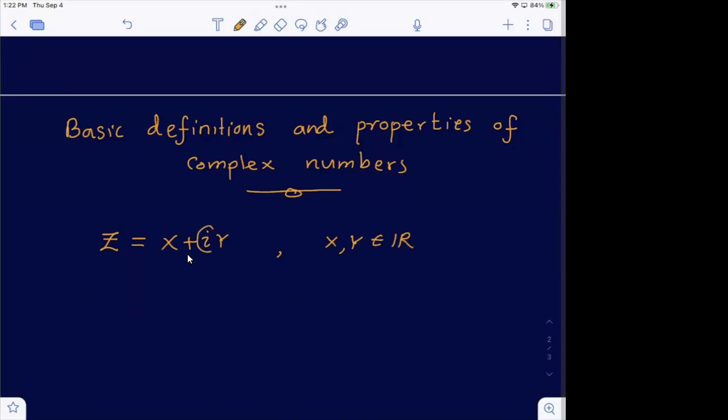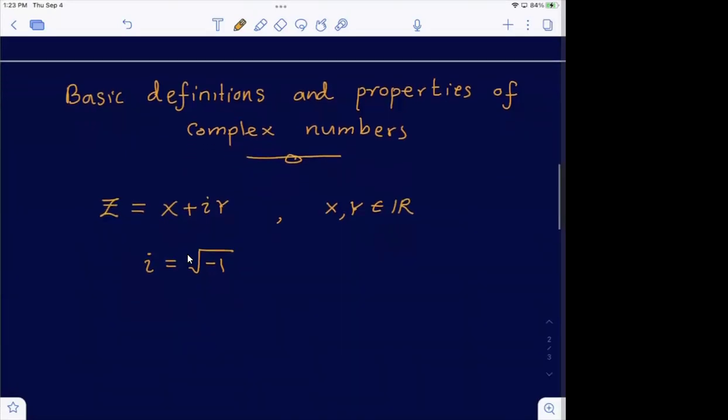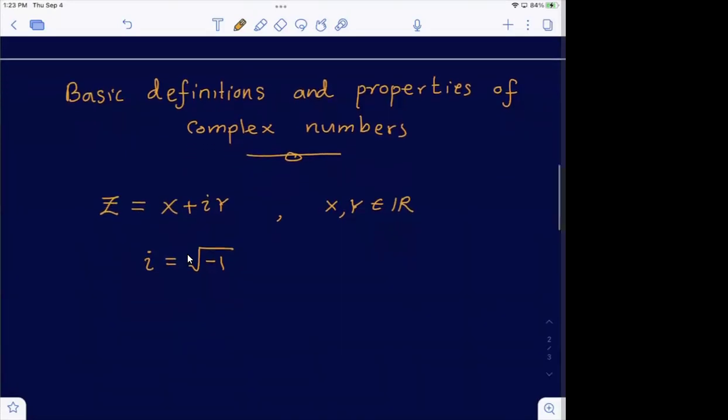And the purpose of this special symbol, i, is to stand for, roughly speaking, the square root of -1. But we have to be careful when we write it in this way. More precisely, i is the principal root of -1. And we will see this idea more precisely later.